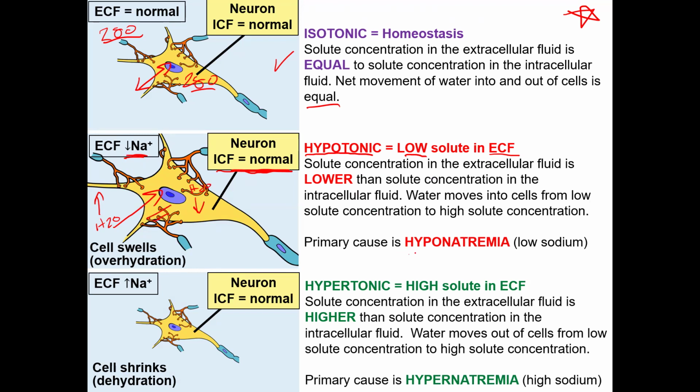So in this case, it can cause hyponatremia, and it can cause cells to swell due to overhydration. Because we have tons and tons of water on the outside and less water on the inside, and because our sodium levels aren't exactly equal, water is going to want to rush into the cell in order to equal it out.